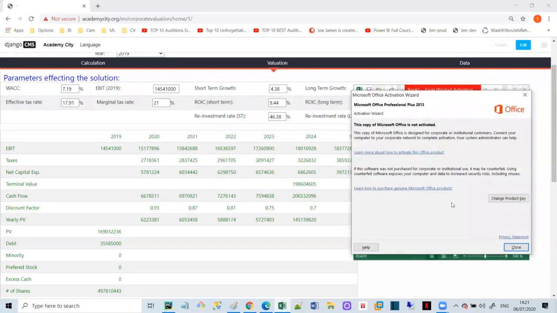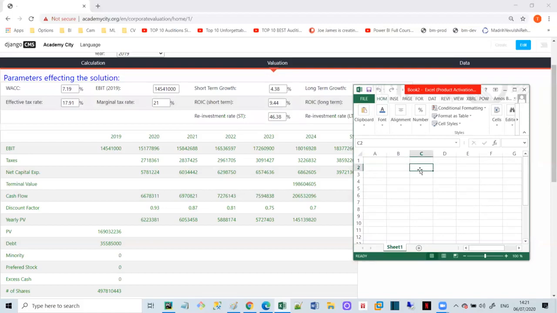If I go into here, I will put equal to 1 over 1 plus 0.0719. That should give me 93%. That's about 93%. Okay, this is just rounded probably.